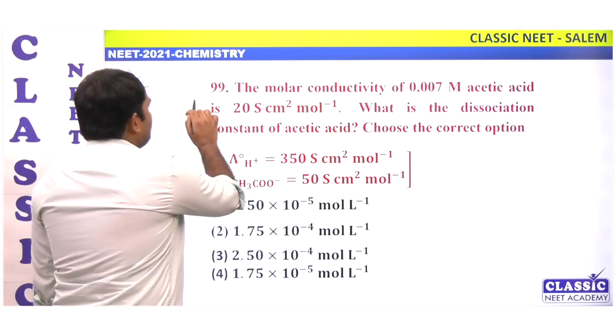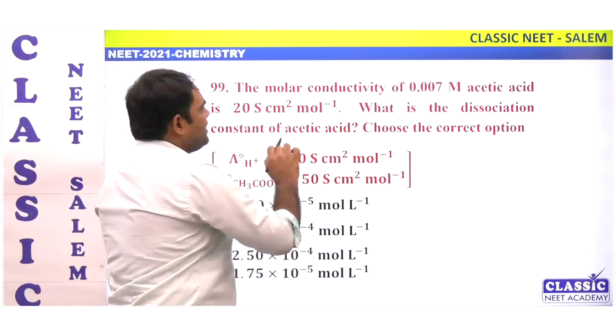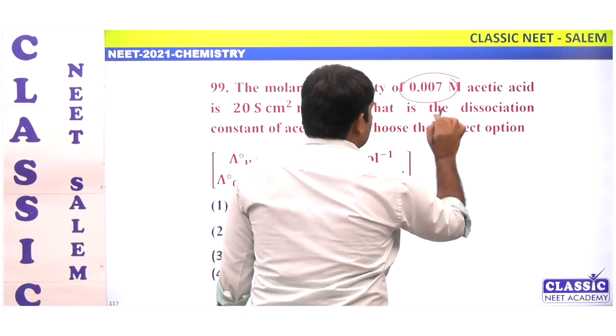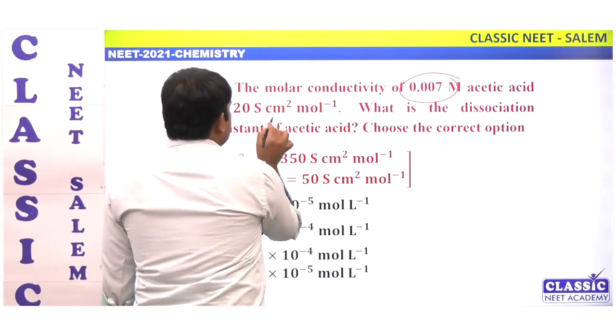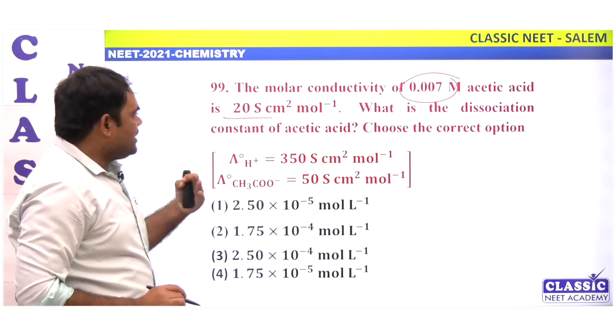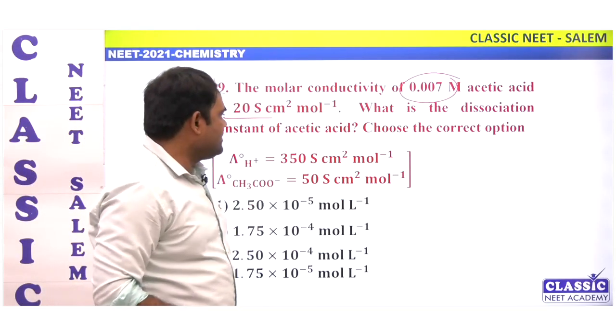After that, in question 99, what is given? The molar conductivity of 0.007 molar acetic acid is 20 Siemens centimeter square mole inverse. What is the dissociation constant of the acetic acid? Choose the correct option.